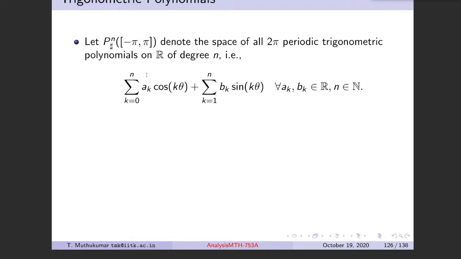In the real variable, n degree trigonometric polynomials are usually given by this form, right? Here you see the k sums from 0 to n, and here the k sums from 1 to n. So basically you have all cos kθ, sin kθ.